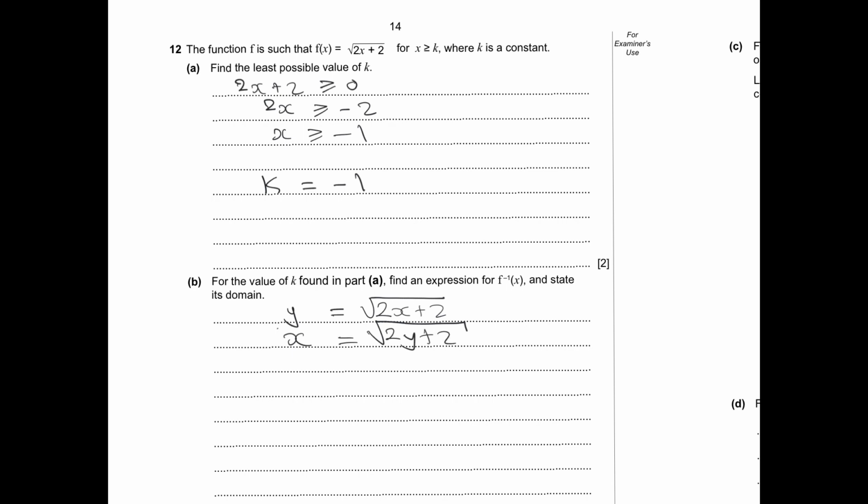All right. So what we now need to do is to make y the subject of the formula. The first thing that we need to do here is to square both sides. If we square both sides, the left-hand side becomes x squared, and the right-hand side becomes 2y plus 2. All right, and then, of course, we can take the 2 to the other side. We are then going to have x squared minus 2 is equal to 2y. And then if we divide both sides by 2, we are going to have y is equal to x squared minus 2 over 2.